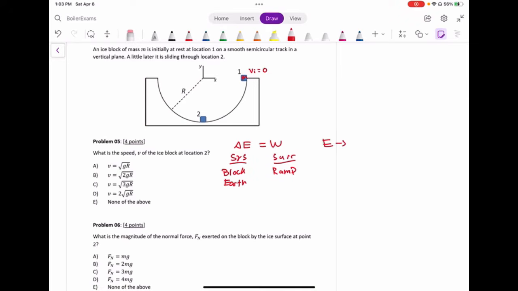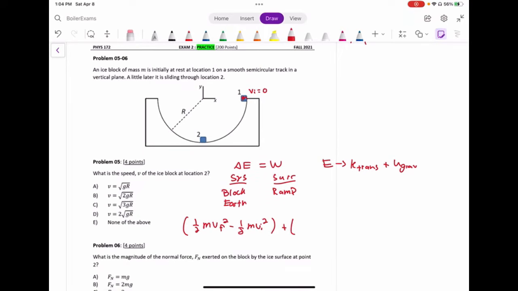Our energy of our system is going to be comprised of K trans of the block, and then U gravity, right? Potential gravity. So that's going to look something like this. Half m vf squared minus half m vi squared plus, okay, let's see what our positions are going to be with respect to h.